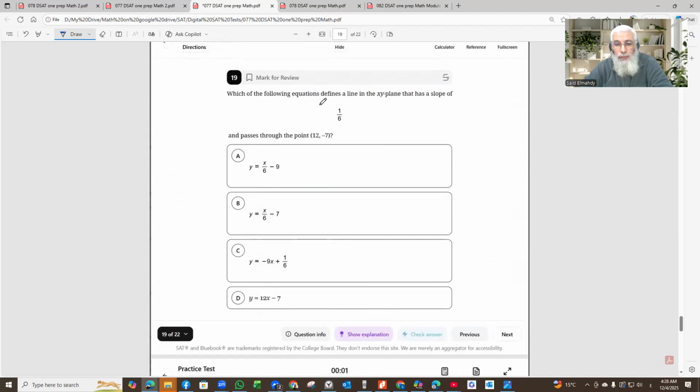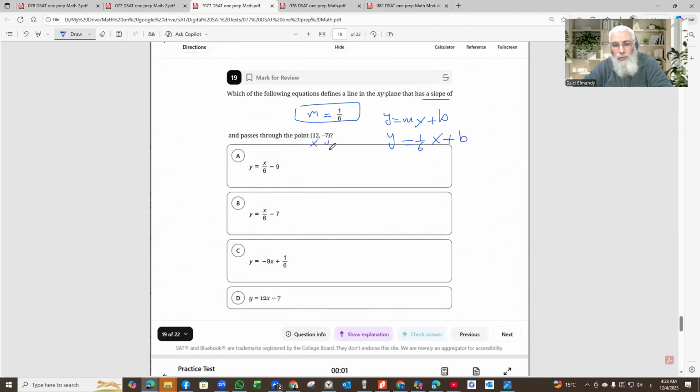Which of the following equations defines a line in the xy plane that has a slope of 1 over 6 and passes through this point? The equation is mx plus b, so the equation is 1 over 6 x plus b.